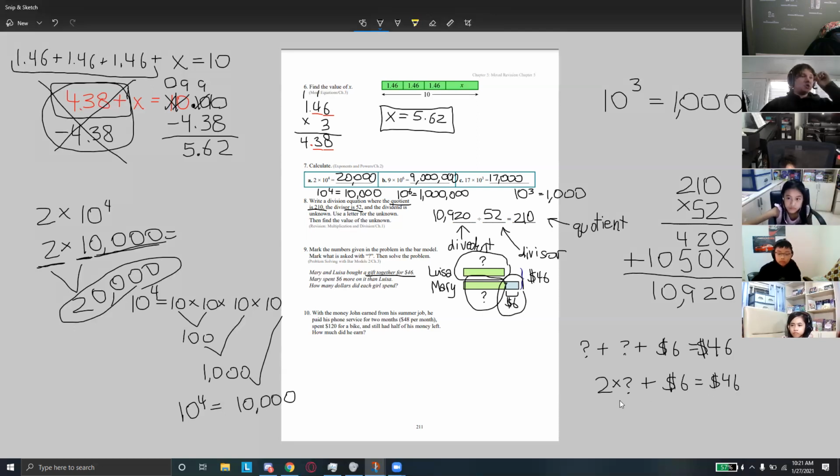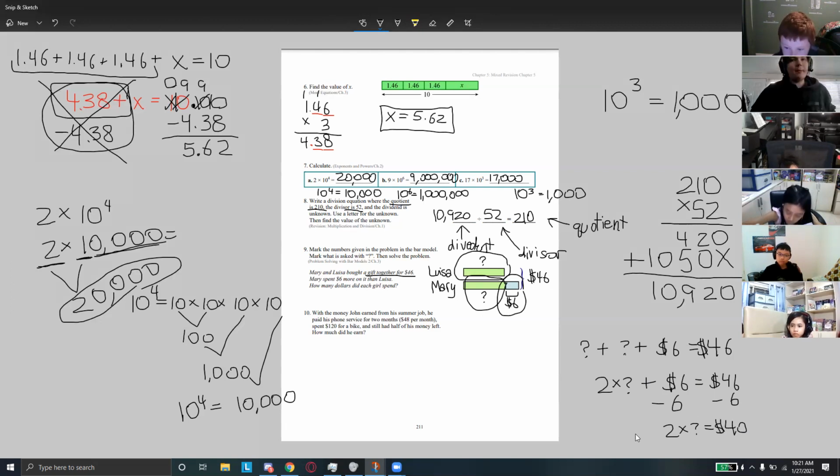I don't want to know what 2 times question mark plus $6 is equal to. I want to know what just question mark is equal to, or just 2 times question mark. So I want to get rid of the $6, and to do that, I will do the opposite of add $6, subtract $6 from both sides. And so I will have 2 times question mark is equal to $40.